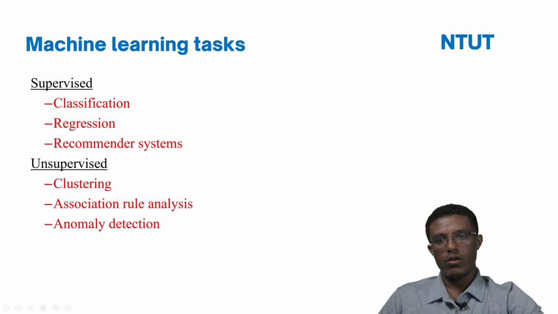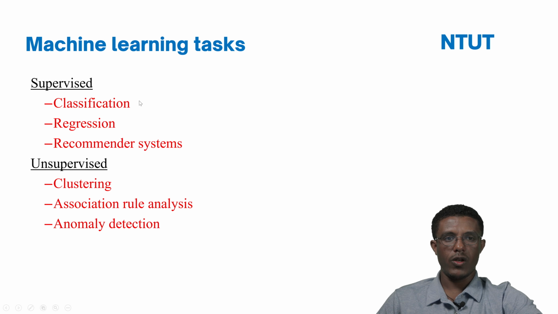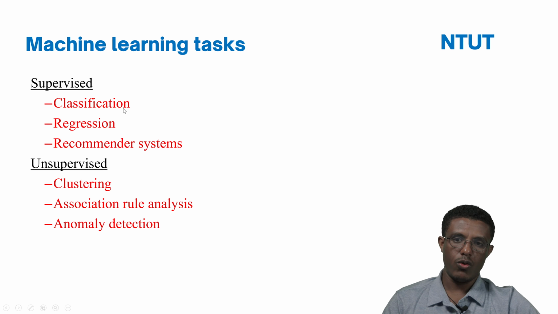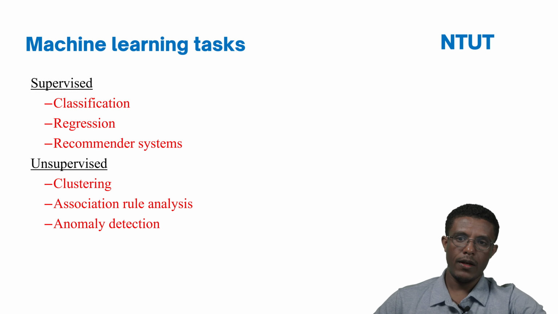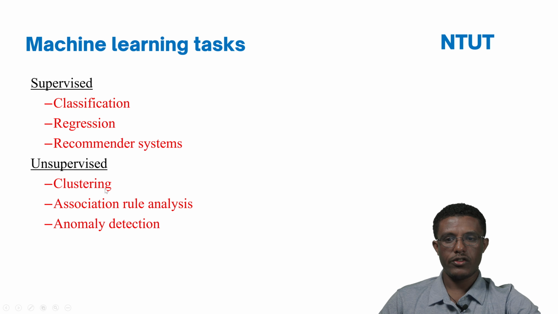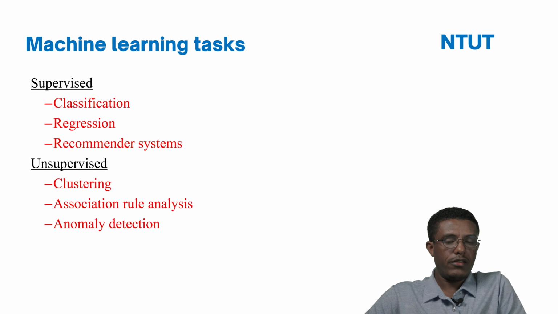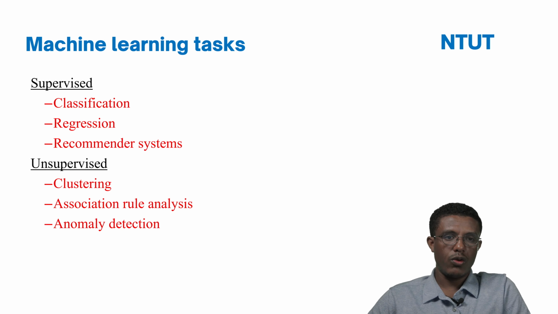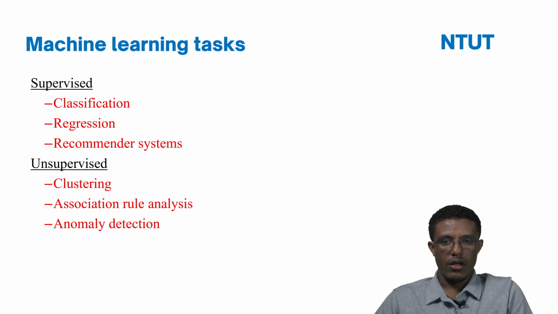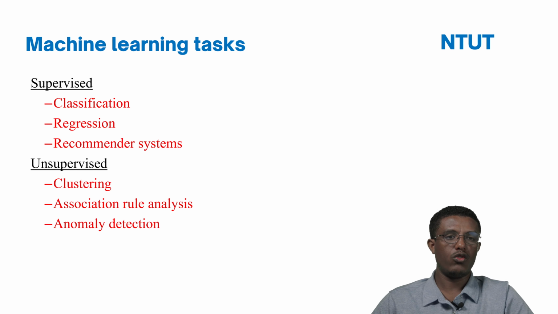Supervised learning is most commonly used for classification, regression, and also recommender systems, and unsupervised is for clustering, anomaly detection, and association rule analysis. Semi-supervised is actually a combination of supervised and unsupervised.